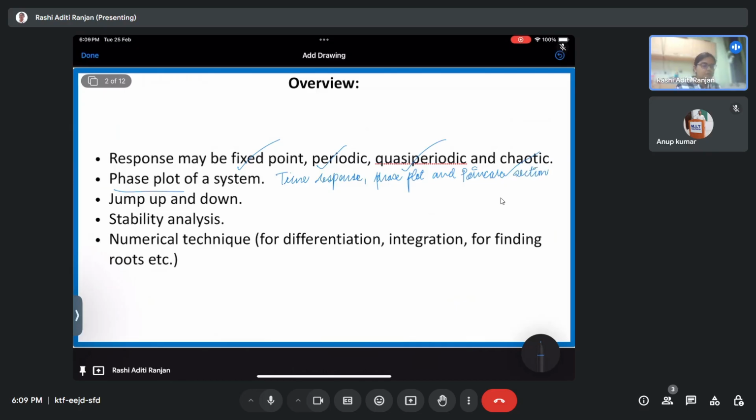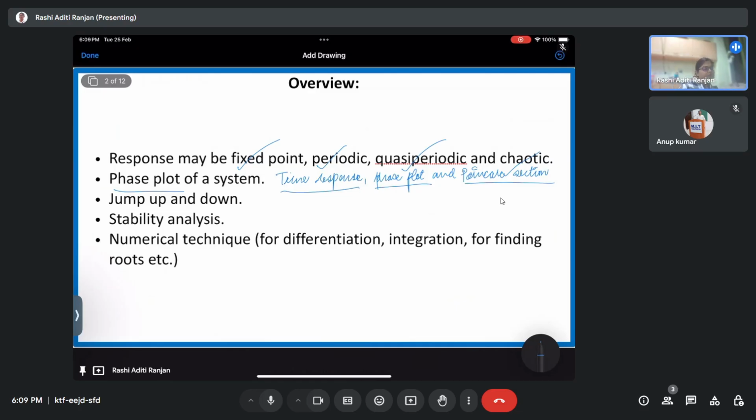So time response, when we plot the response with respect to time. Phase plot is nothing but the plot of the displacement versus velocity. Poincare section, I'll not define as of now. We will actually deal with it in the further lectures and we would discuss it at that time only.